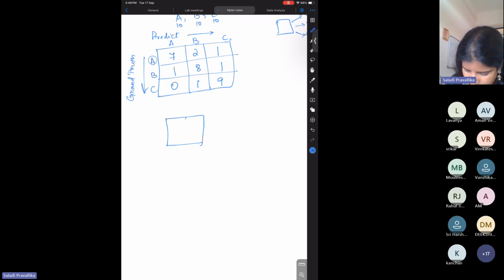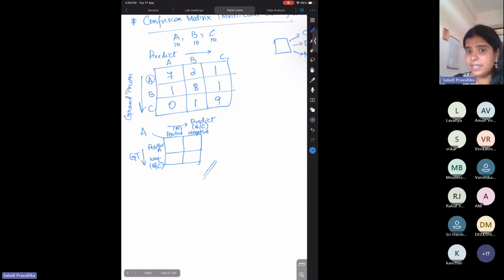Say I want to know about A. Given that the image is A, it's positive, and if the prediction is negative, that is B or C. The ground truth is on this side, so positive is A and negative is B or C. I can write this for each and every class.